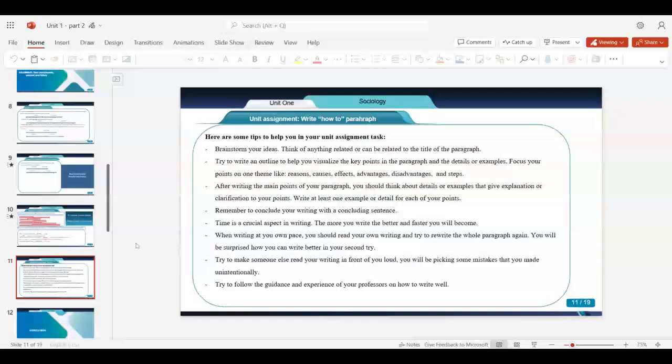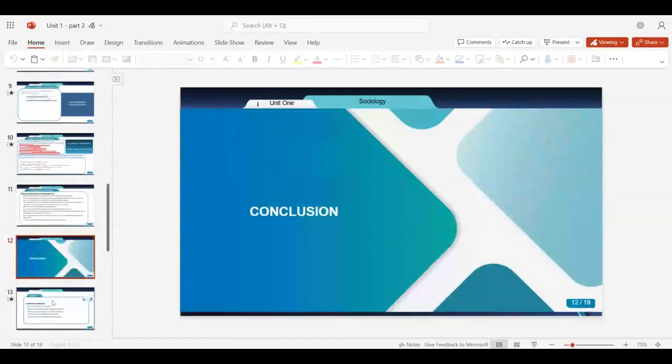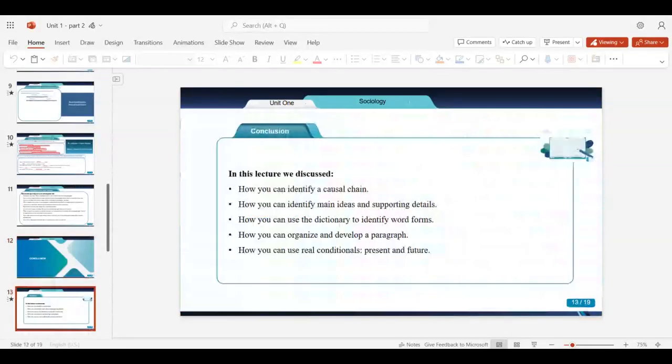So we move to our next part. It means our first unit, part 2, is finished. We need to review all the points we discussed in this unit. We discussed the causal chain, the cause and effect chain, and how we made it clear with one video.